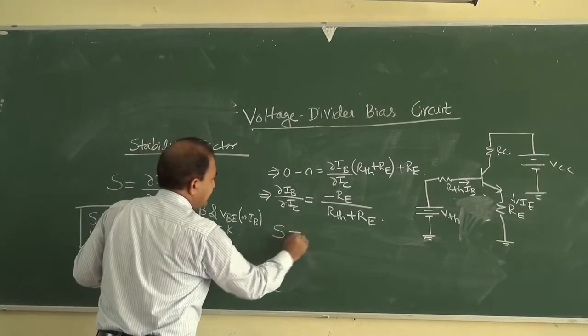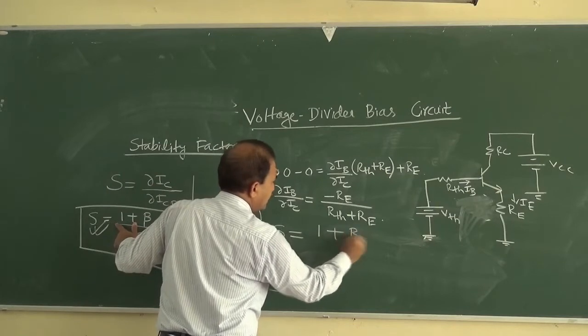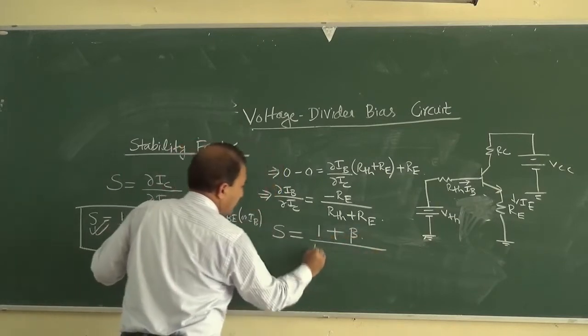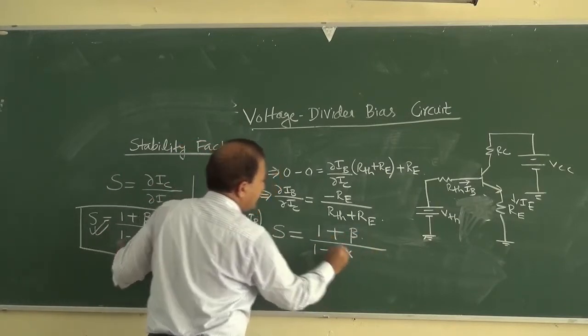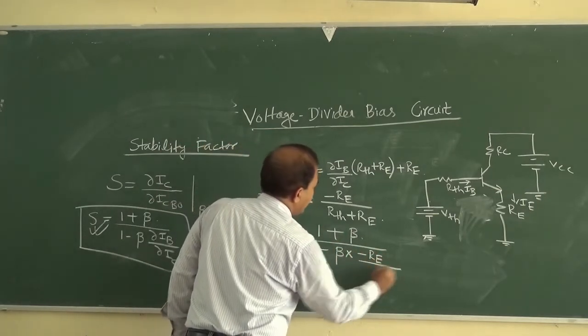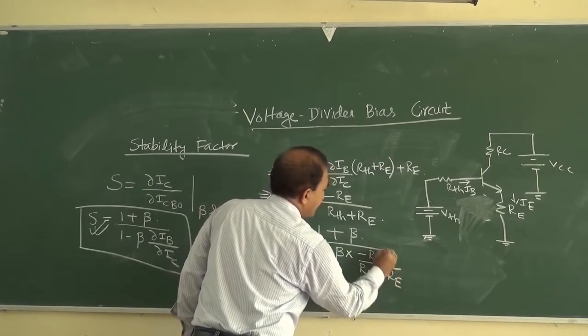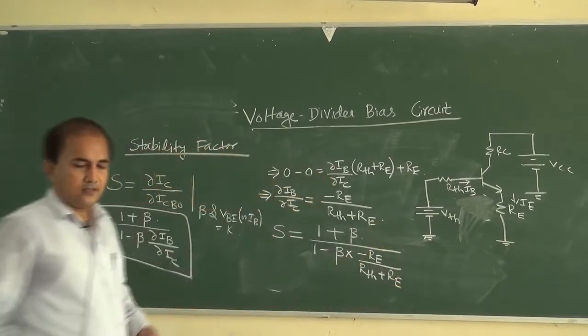So how do we determine the stability factor? S is equal to 1 plus beta divided by 1 minus beta multiplied with minus RE divided by RTH plus RE. Okay.